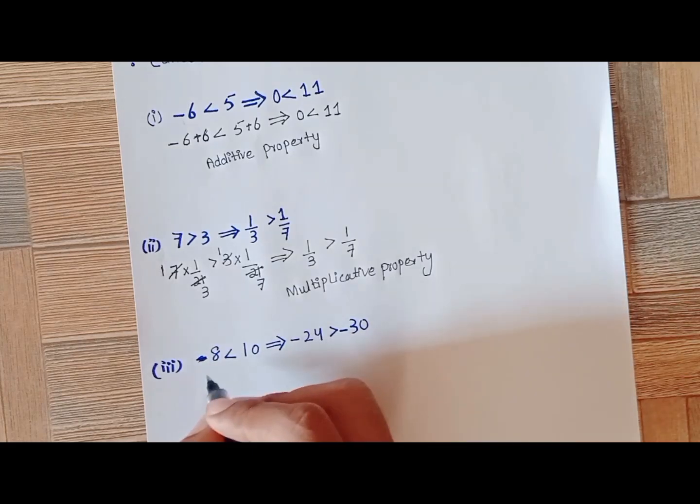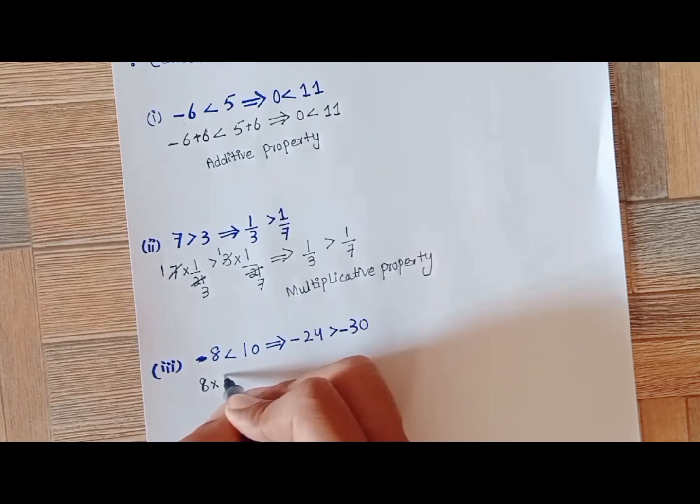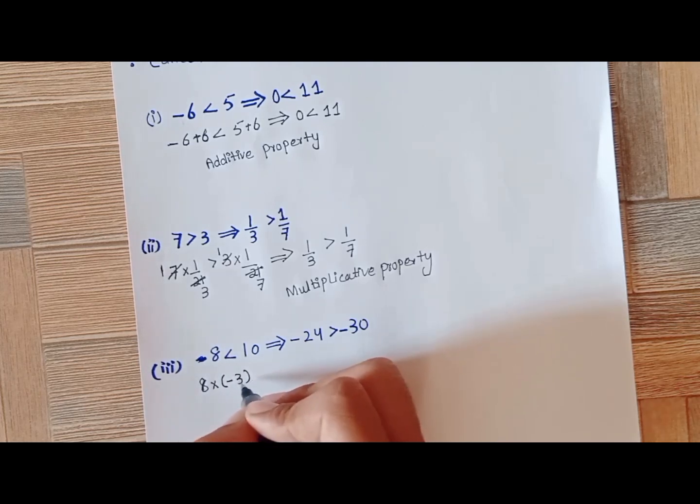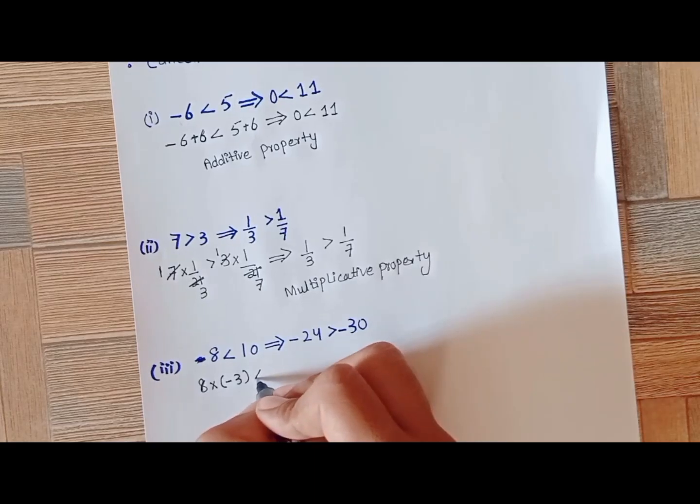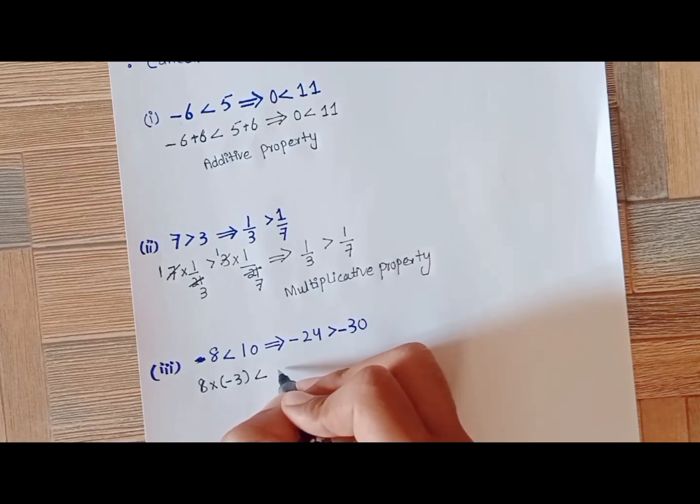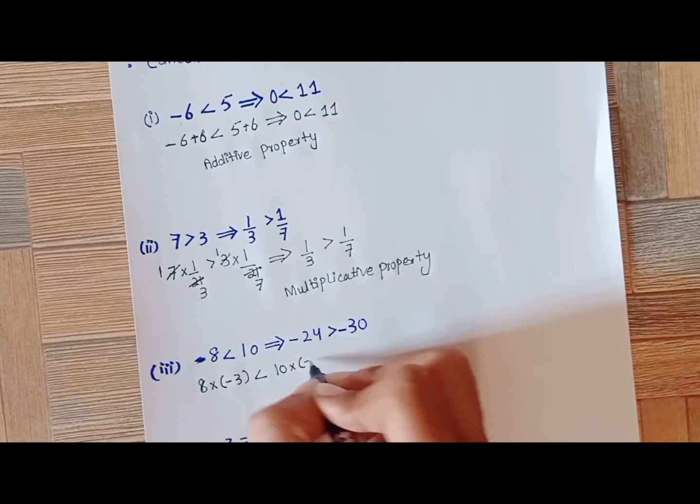So the constant number I will bring from my side is minus 3. 8 multiplied by minus 3, less than 10 multiplied by minus 3.